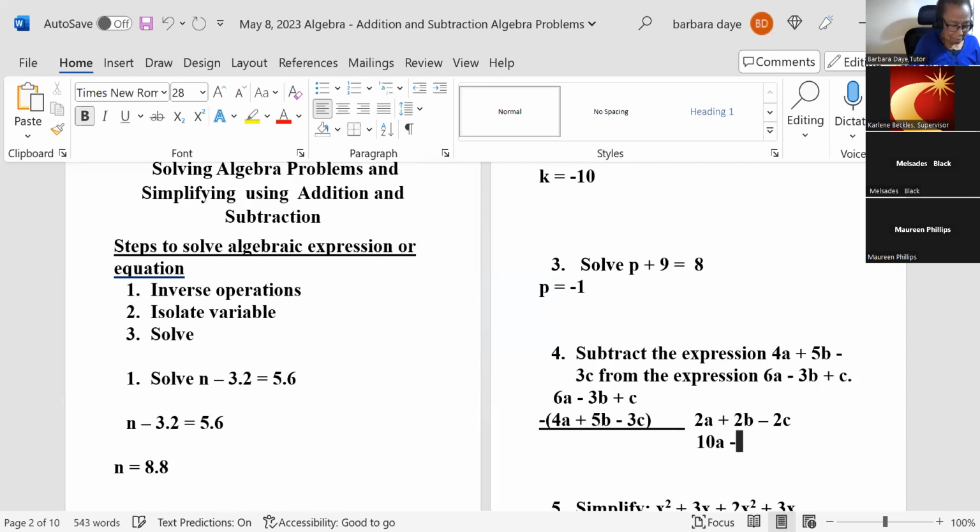Minus. What's your C? C is minus 4C. Minus 2B, right? Minus 4C. Okay, so you got minus 4C.